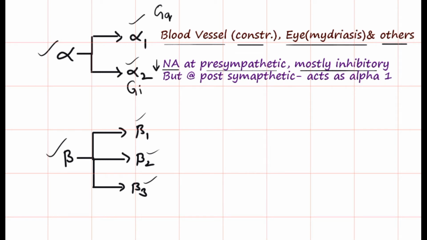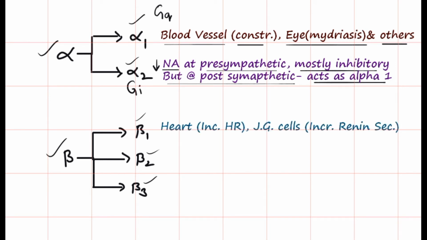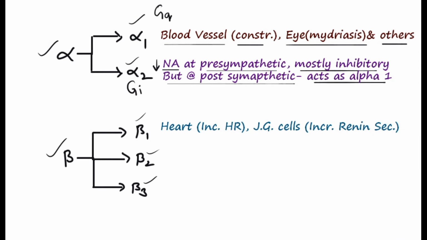But if the alpha 2 receptor is present in the postsynaptic fibers, it acts like the alpha 1 receptor. So overall, the alpha 2 receptor is inhibitory in the presynaptic location and excitatory in the postsynaptic location.